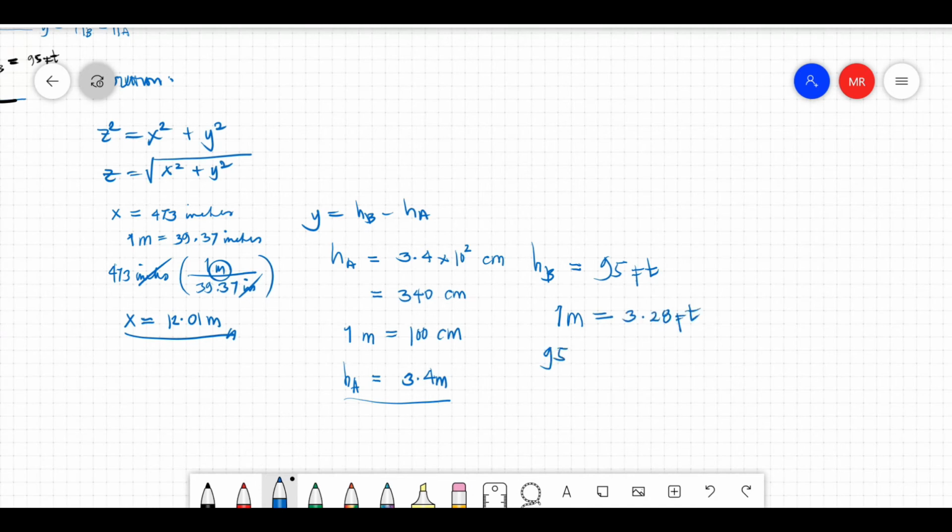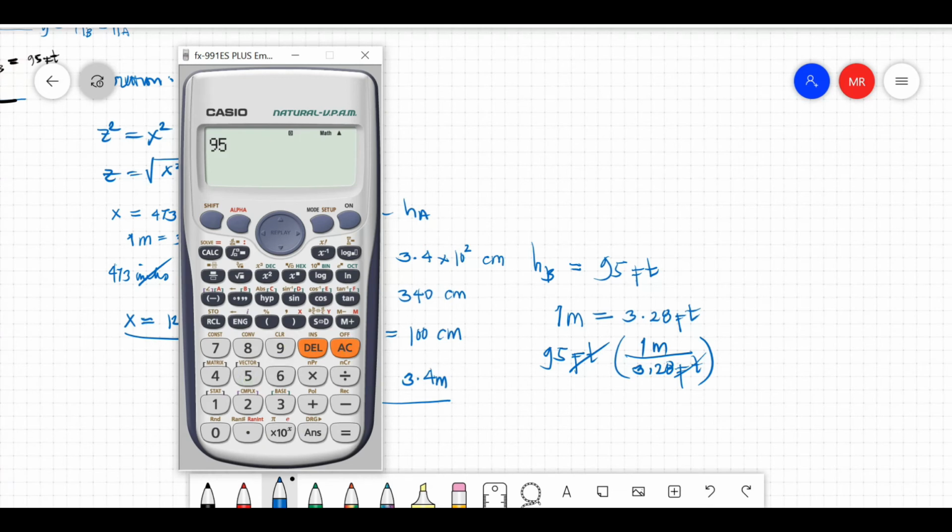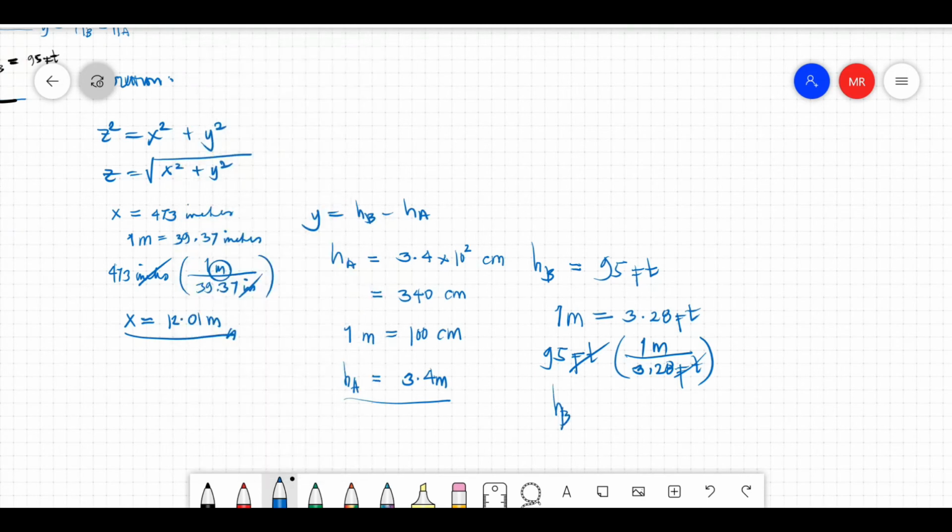So 95 feet multiplied by our conversion factor, 1 meter over 3.28 feet, the feet cancel. 95 divided by 3.28, 95 times 1 over 3.28, is 28.96 meters. So HB is 28.96 meters.